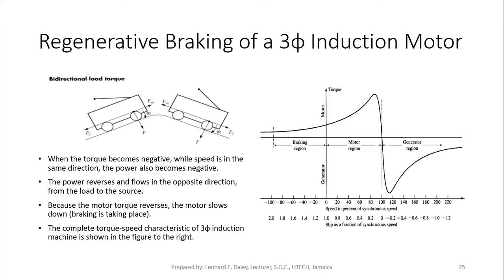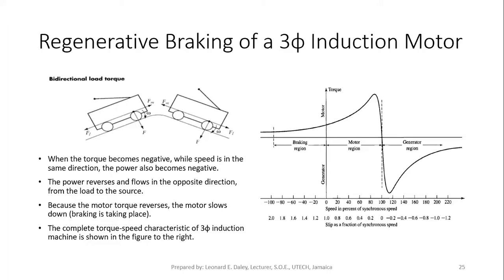The output power is equal to the torque times omega, which represents the shaft angular speed. So the power is equal to the shaft torque T_S times omega_M.